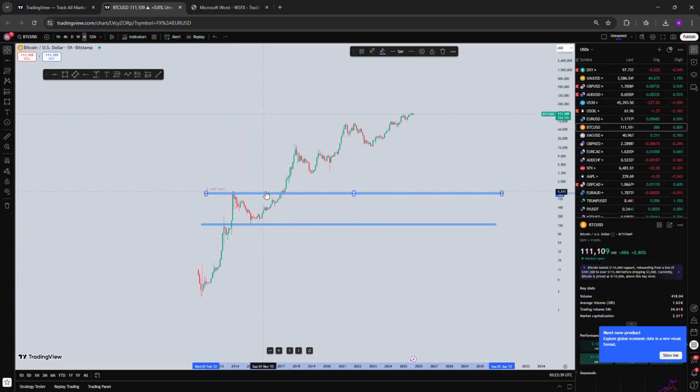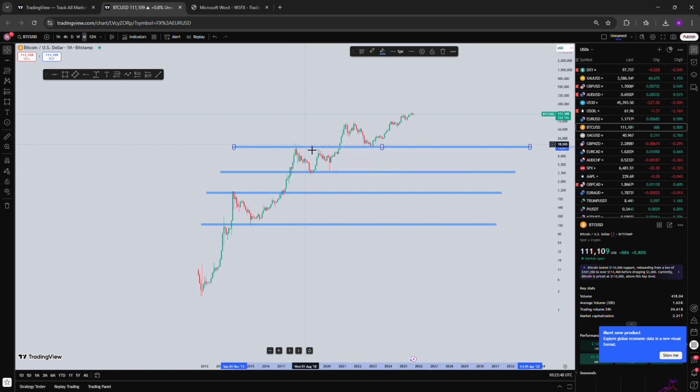Next we'll have this, right? Next we'll have this. And as simple as that. Look at how we've been able to draw proper support and resistance levels.